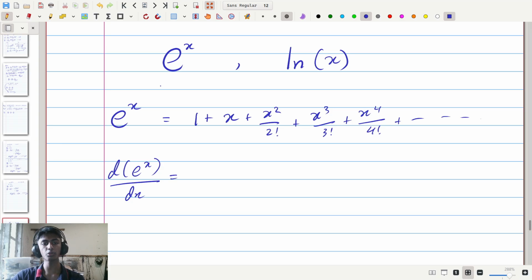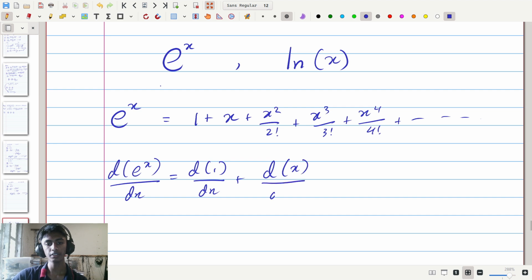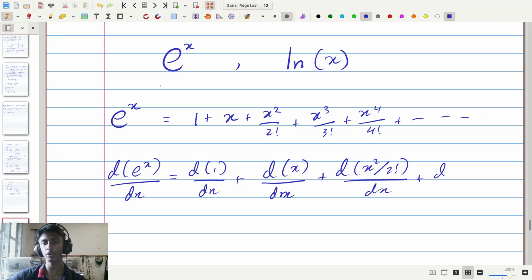This must be equal to the derivative of all of these terms. Remember that the derivative of some functions summed together is the sum of the derivatives of those functions. I'm going to skip that step and directly write this as the derivative of 1 dx plus the derivative of x dx plus the derivative of x squared over 2 factorial dx plus the derivative of, one more and end it there, x cubed divided by 3 factorial dx, continuing.